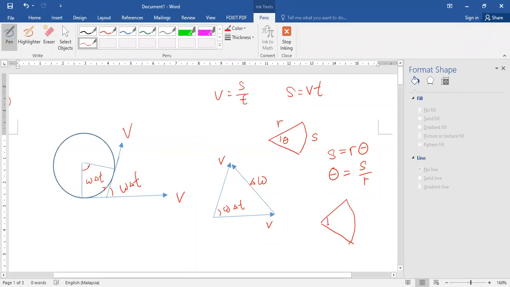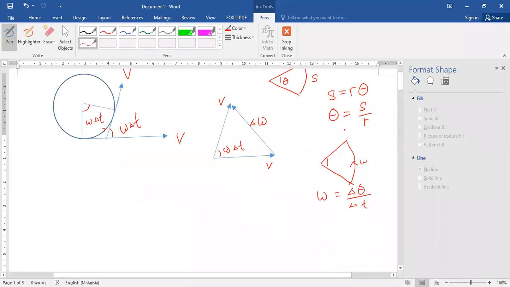Omega will be equal to the change of the angle over the change of the time. That means the change of delta will be equal to omega times delta T. So this means it can be S over R, the angular distance.